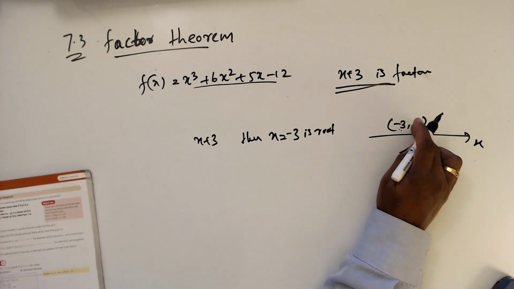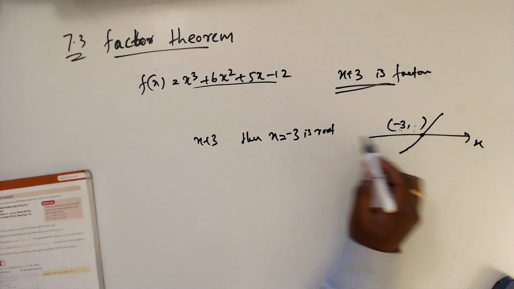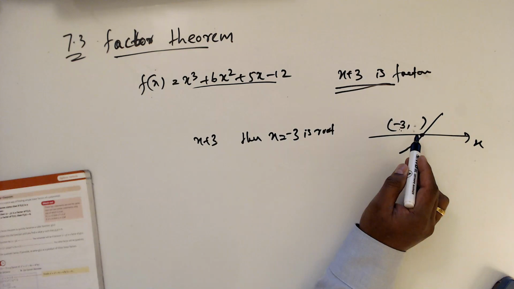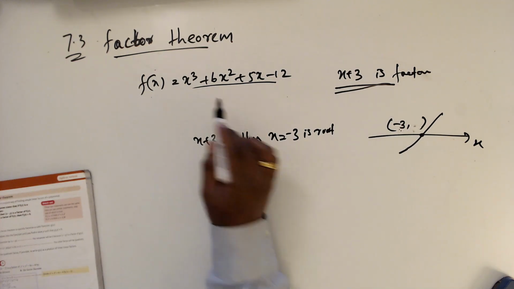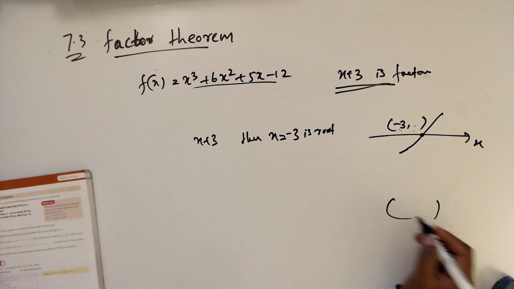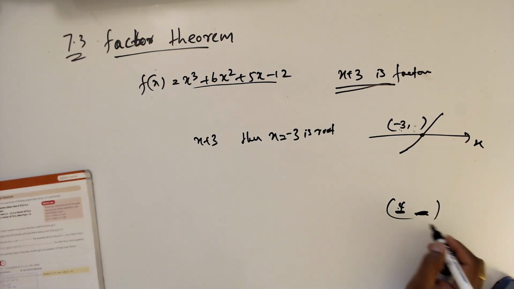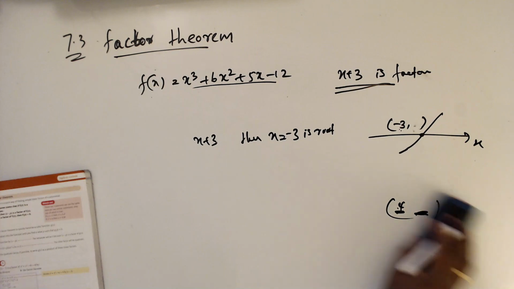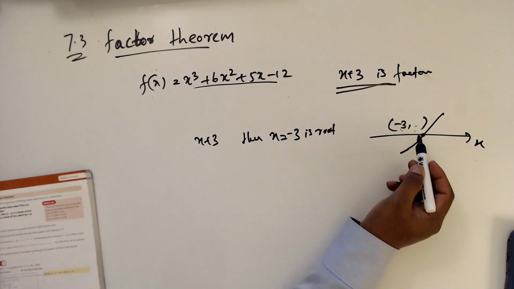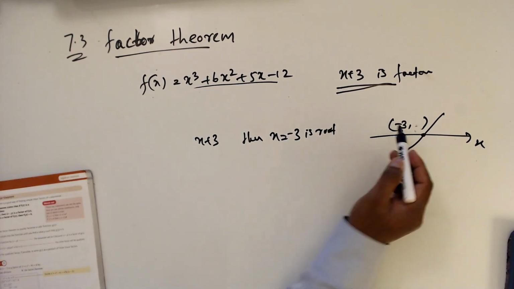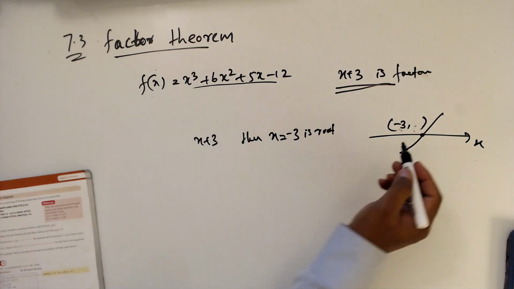When you have an x value, you have to substitute. If you have an x value, how do you find the y value? We have to substitute x into the equation. Okay, we'll substitute this value to the equation to find y.